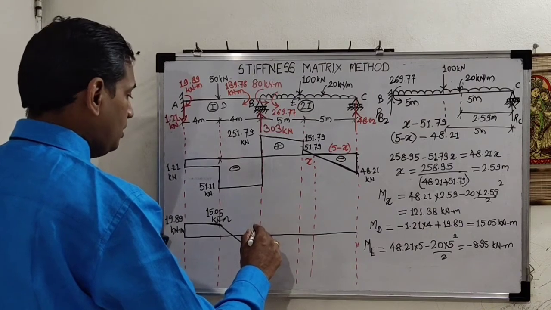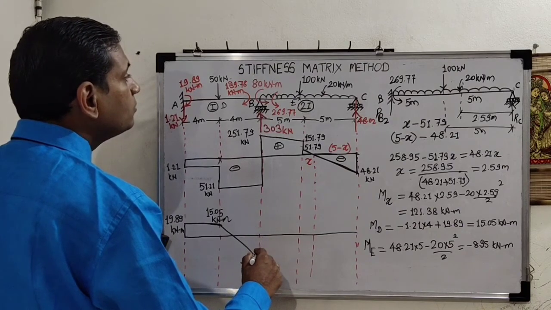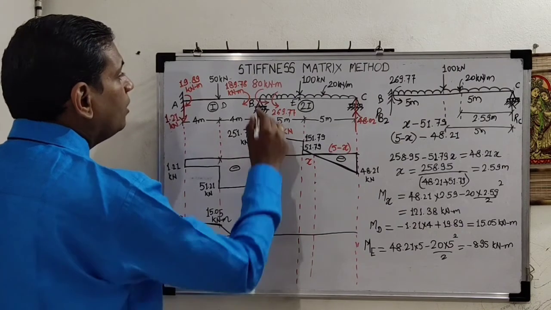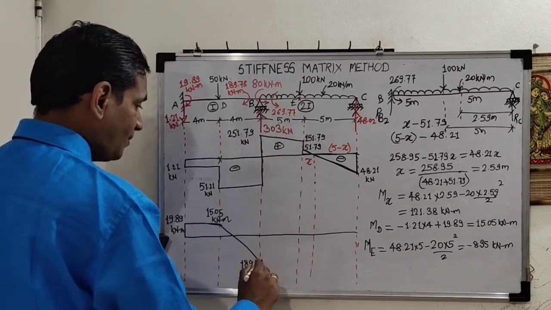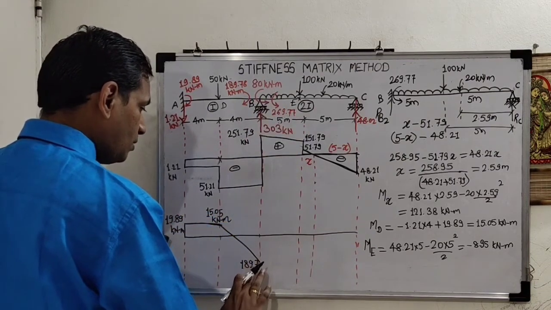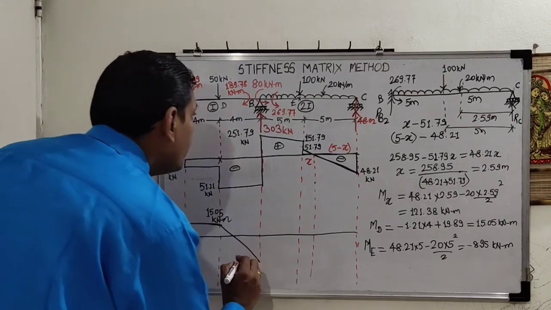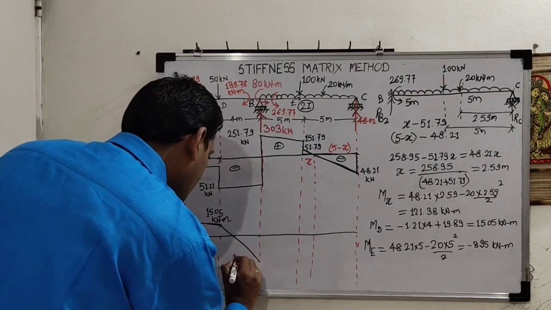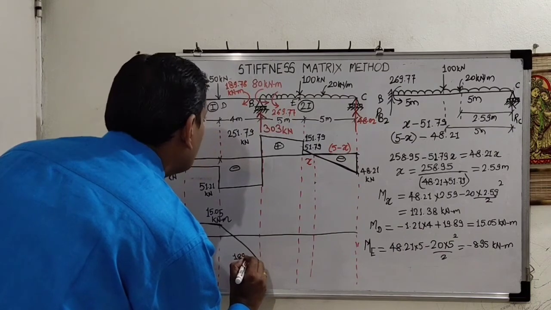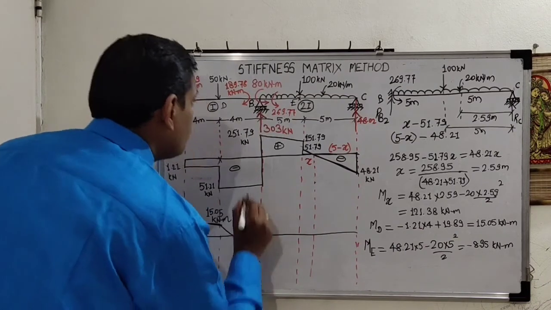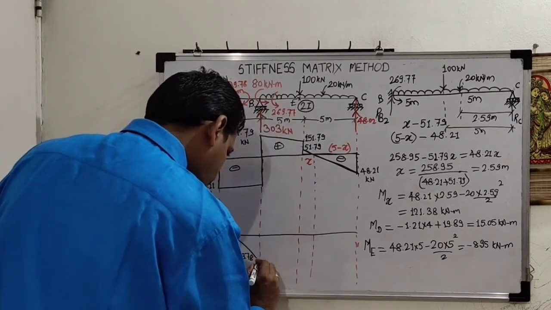So it will be, this is here. I'll just show it like this. 189.78. Just on right hand side it is 269.77.